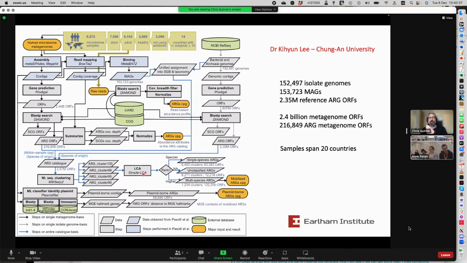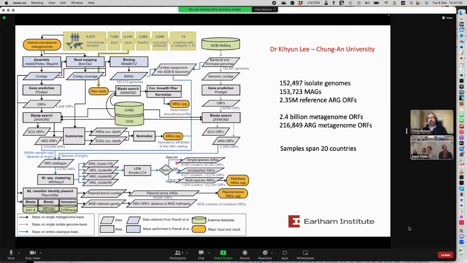the same cluster. Because each ARG can be linked back to a reference genome or a MAG with a taxonomy, we can basically say, in an ARG cluster, and we did this at 99%, do we see more than one species? If we see more than one species, then we can quite reasonably say that's a mobilized gene.